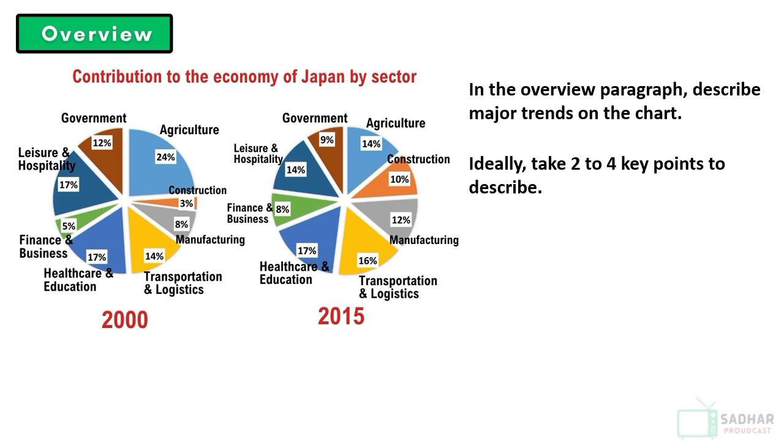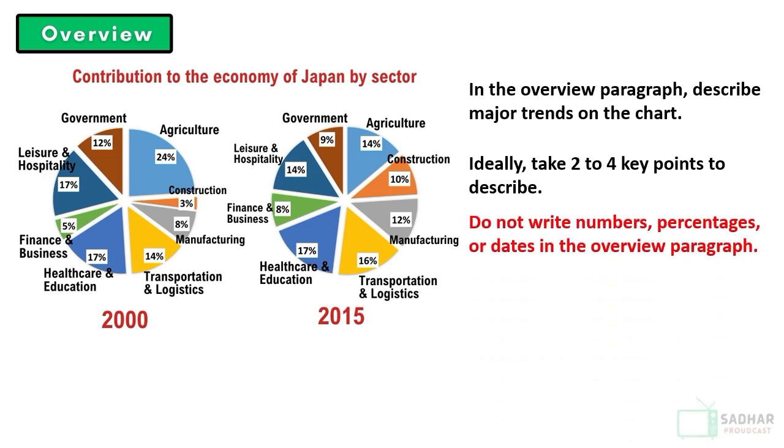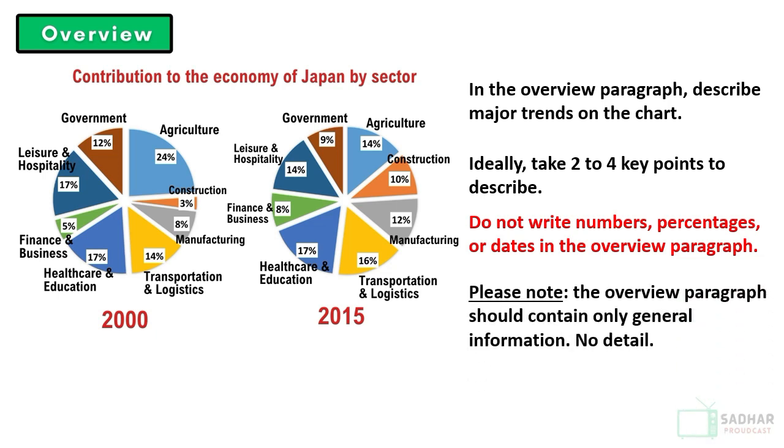Ideally, take 2 to 4 key points to describe, not too many. And do not write numbers, percentages, or dates in the overview paragraph. So don't write details yet. So please note, the overview paragraph should contain only general information, no detail, please.